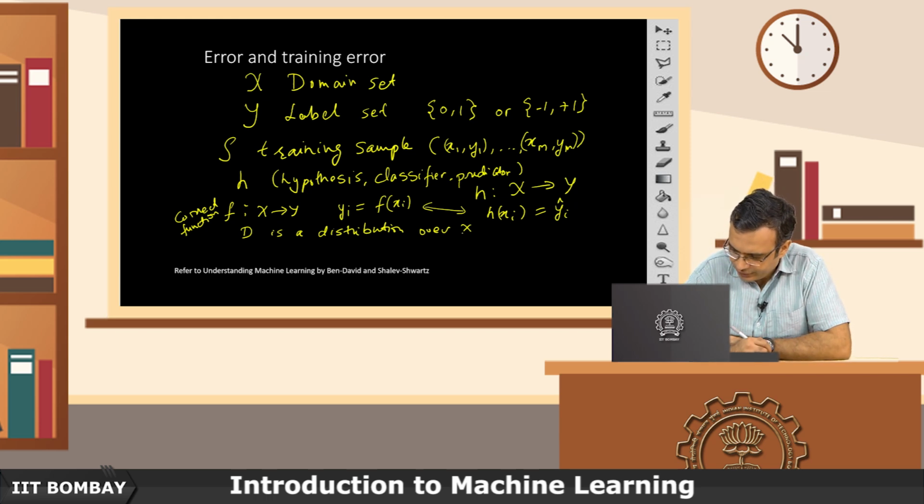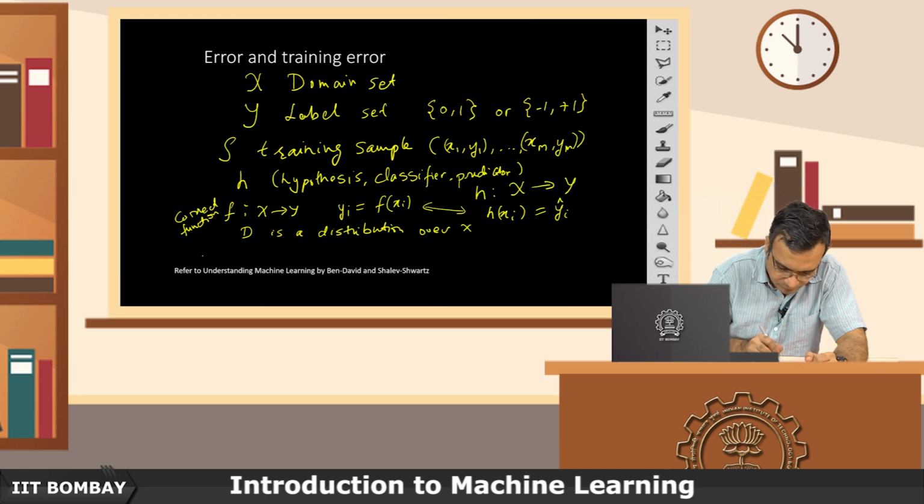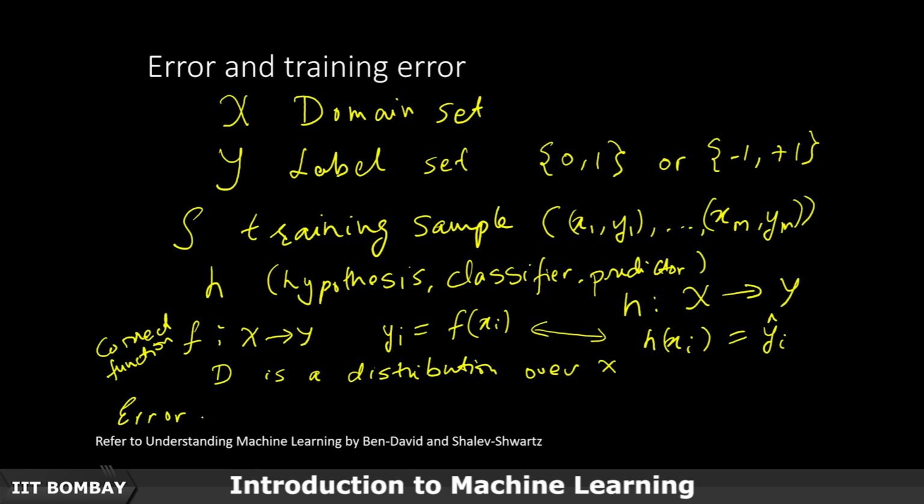What we are going to say is that our error is actually over this unknown distribution. It is quite important to make note that this distribution is unknown. Why it is important is because we can only approximate this distribution through the training sample S. So this is the unknown distribution over x. What we are interested in minimizing is some loss over this distribution.